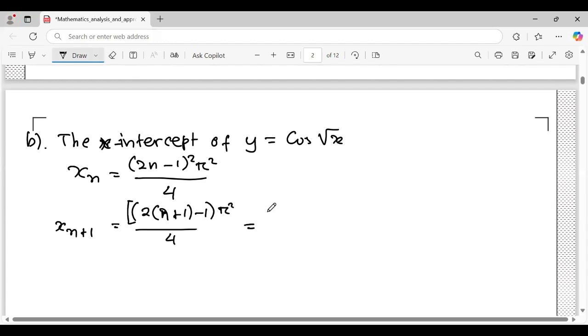So it becomes, this is squared, 2n plus 1 squared, because 2 times 1 minus 1 becomes this one. Or the square is supposed to be here, sorry. This one, pi squared divided by 4. This is xn plus 1.